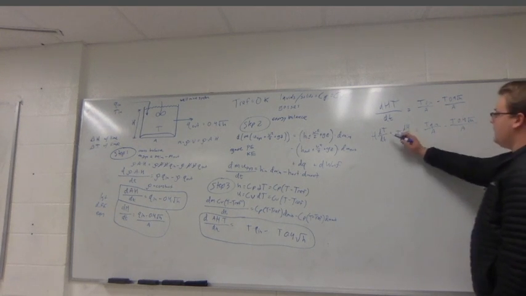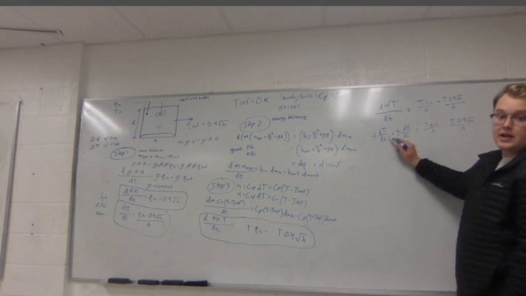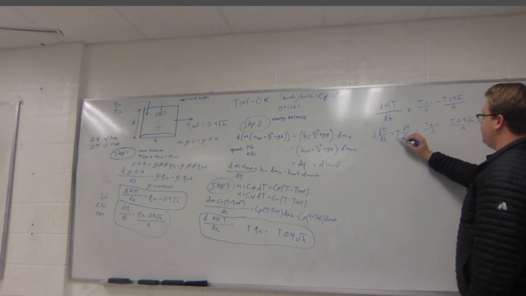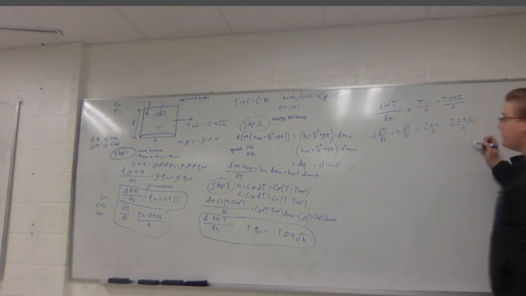Here, I've effectively separated dT/dt, the change in temperature with respect to time, and now I just need to isolate that. The first step is that I can subtract T times dh/dt and bring that over to the right side of my equation.